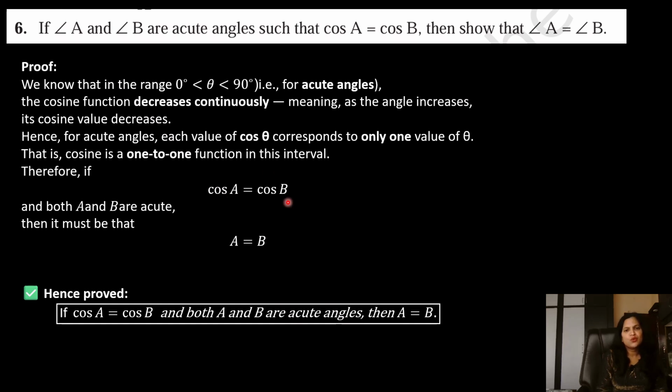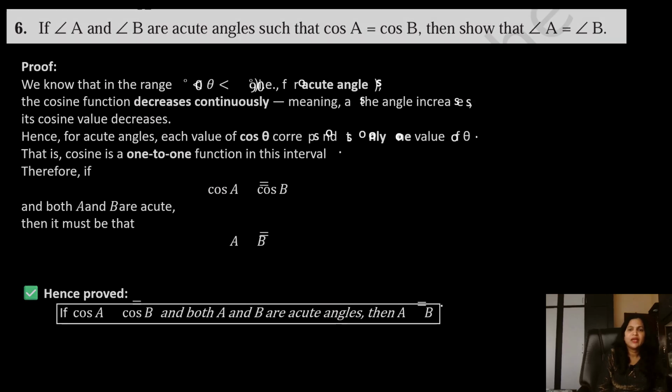Therefore, cos A equal to cos B, and both A and B are acute, then it must be A equal to B. Hence proved: if cos A equal to cos B, with both A and B acute angles, then A equal to B. Now I'll explain in a little more detail.